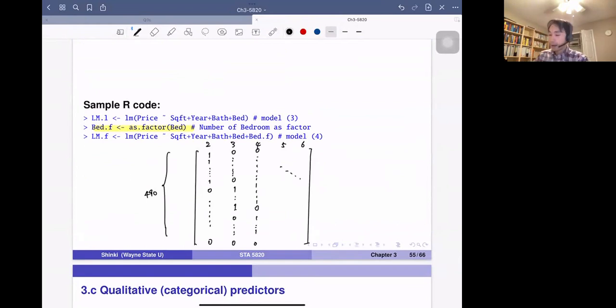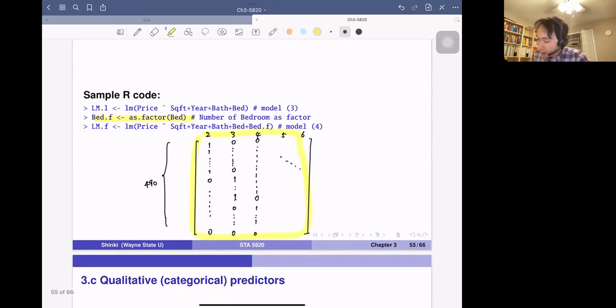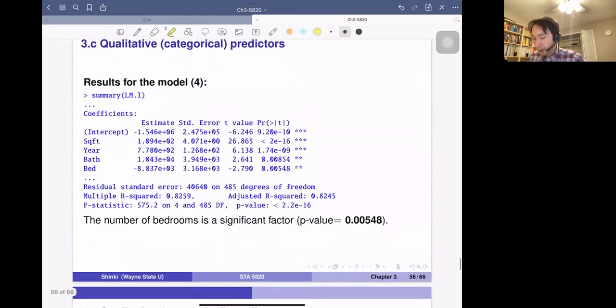This is the as.factor(bed). Then we put this term at the end. Then the regression results are this. The regression for this is just a linear regression, so we have the coefficient here.